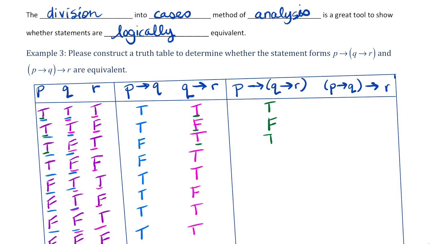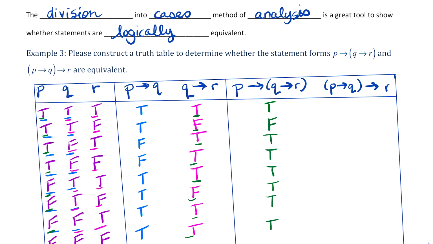True, true, true, true, true, true, false, true, true, and the rest you see, since you have a false hypothesis, the others will be true. Okay, so there's only one case in which we had a false statement.